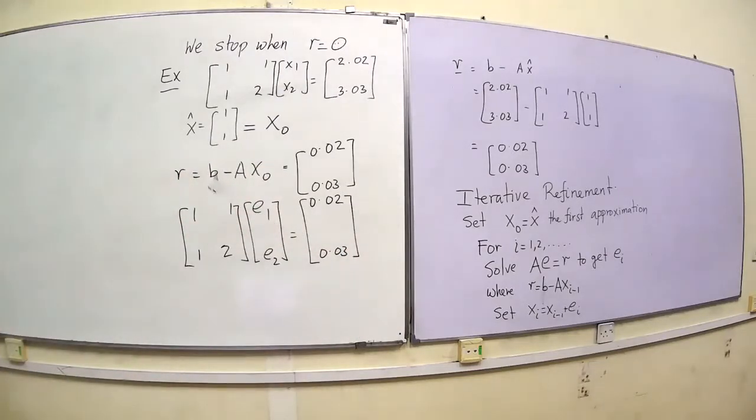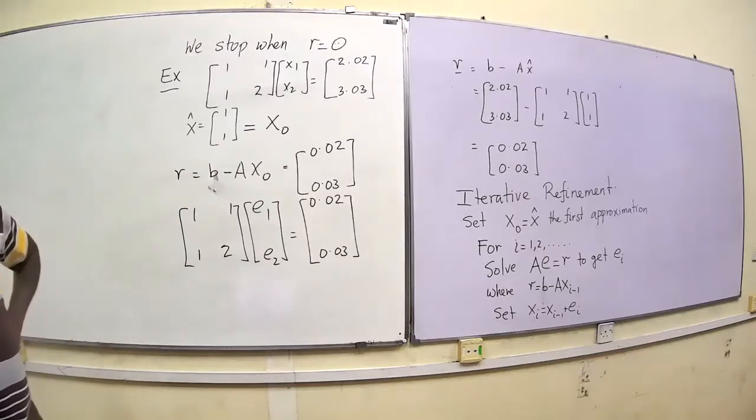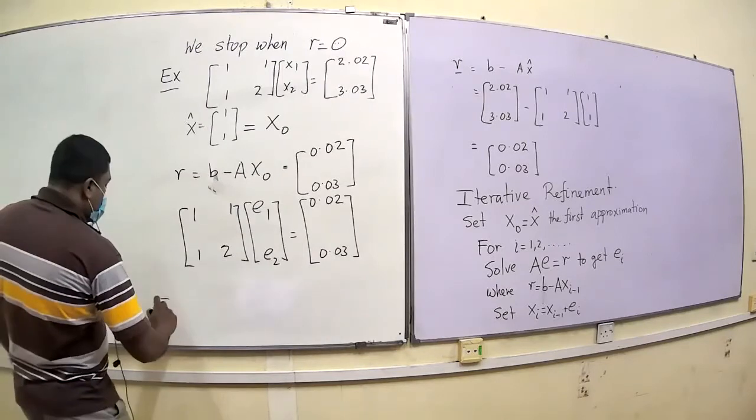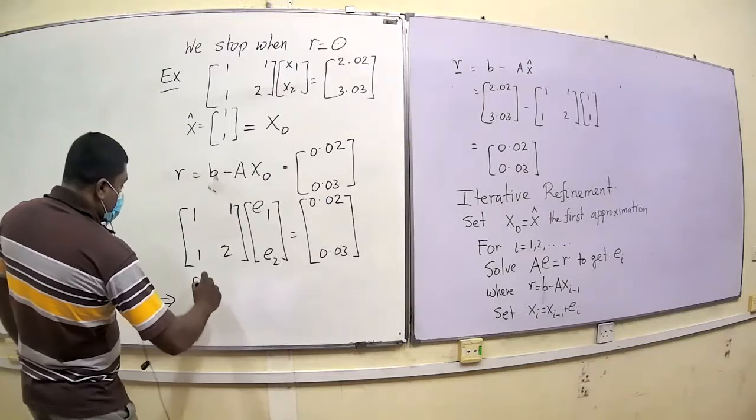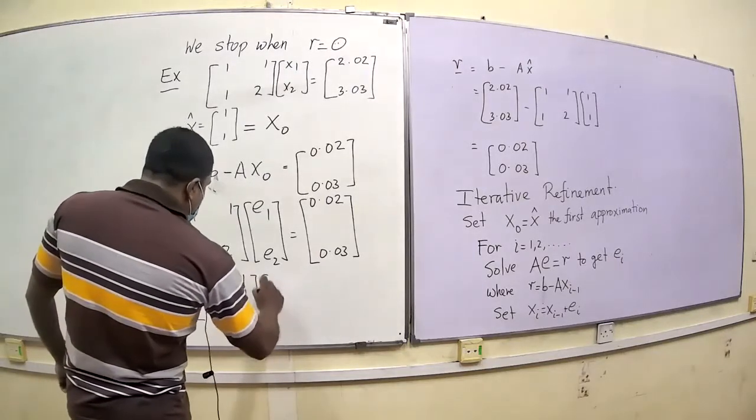You can apply Gaussian elimination again, or if you already have the LU factorization, you can use that as well. Whatever the method is, now you know how to solve the system.